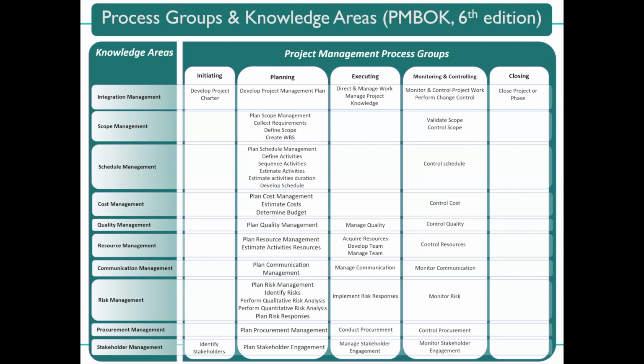The 5 project management process groups include initiating, planning, executing, monitoring and controlling, and closing. The 10 knowledge areas include integration management, scope management, schedule management, cost management, quality management, resource management, communication management, risk management, procurement management, and stakeholder management.